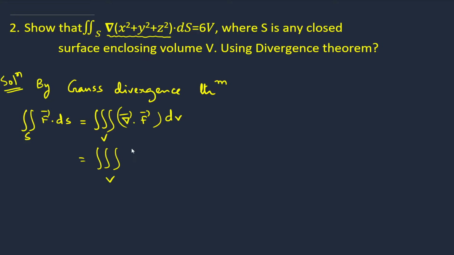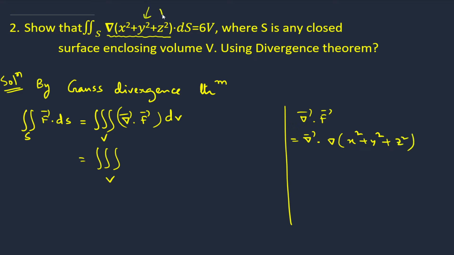How do we find nabla dot f first? So let us write here nabla bar dot f bar. In our problem, f bar is what? Nabla of x square plus y square plus z square, for this particular problem.